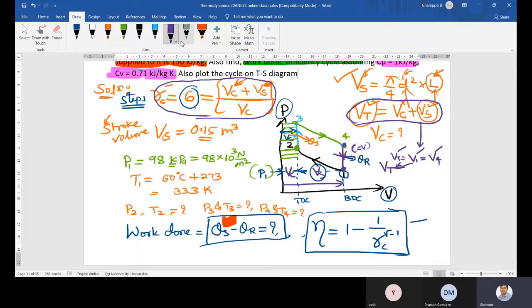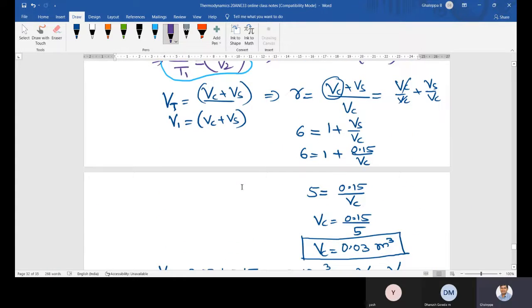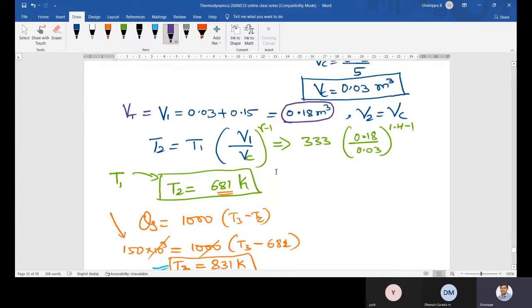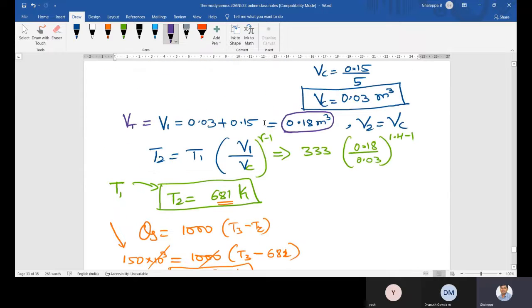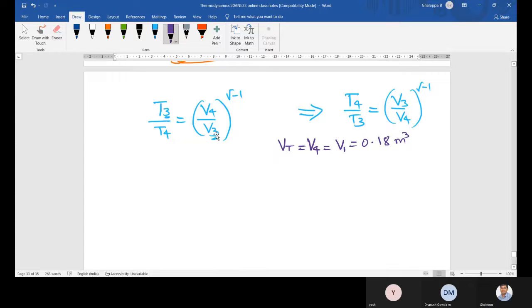VT means total volume. Where is the value of V1? Somewhere you have calculated total volume. Yes, here we have calculated 0.18. V1 is total volume, the sum of clearance and stroke volume. So I will take V4 is equal to V1 is equal to total volume, that is 0.18 meter cube.